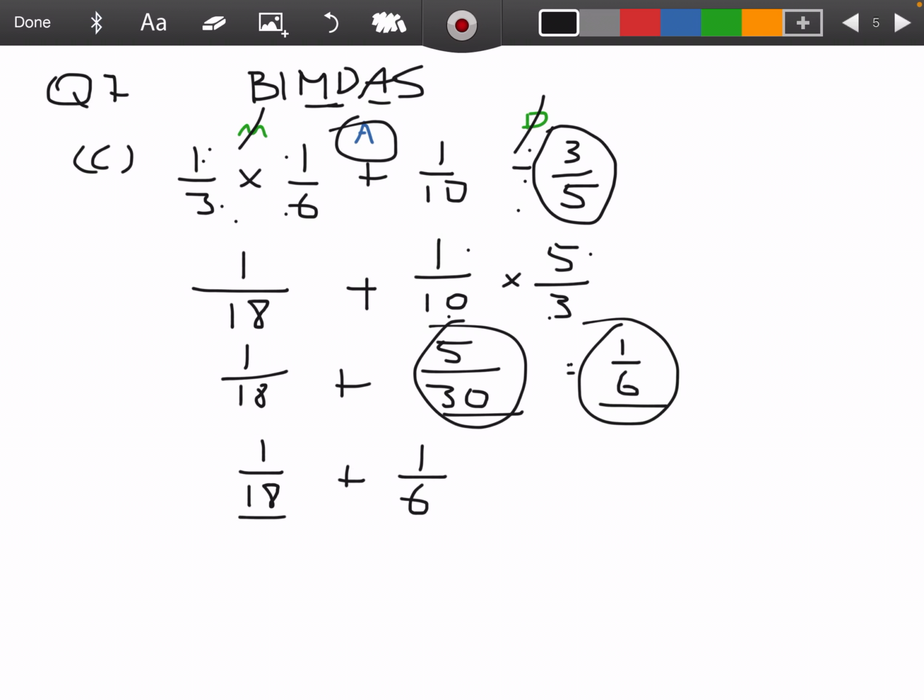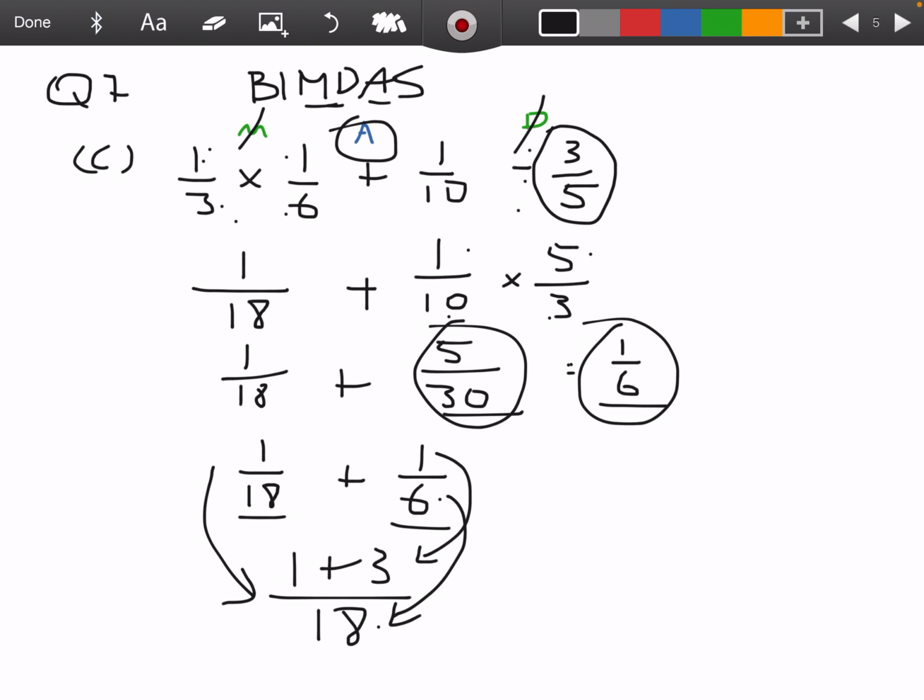So I've got 18 and 6. My common denominator in that instance will be 18. Again, I don't need to change this one at all. 1 over 6 to be converted into a fraction over 18 becomes 3 over 18. 6 to 18 I multiply by 3. So 1 multiplies by 3 also.